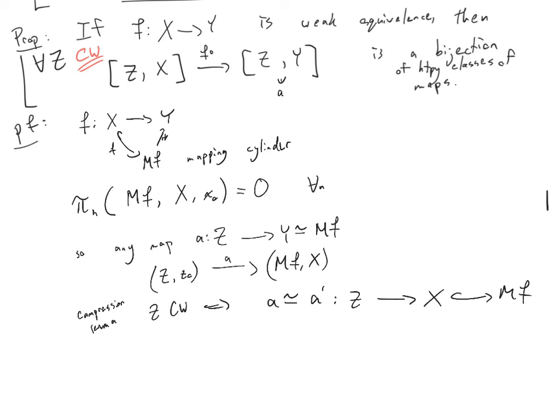And this means that I get this new map A prime, and up to homotopy, A prime is being mapped onto A. And so that tells me that the induced map, I should just call this f lower star, I'm going to change that in the theorem statement, f lower star is surjective.